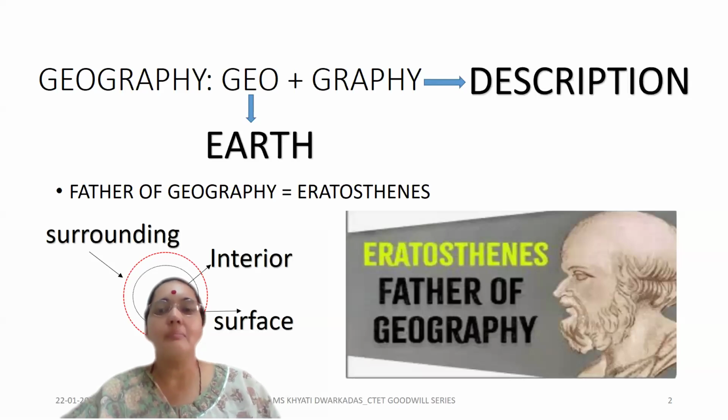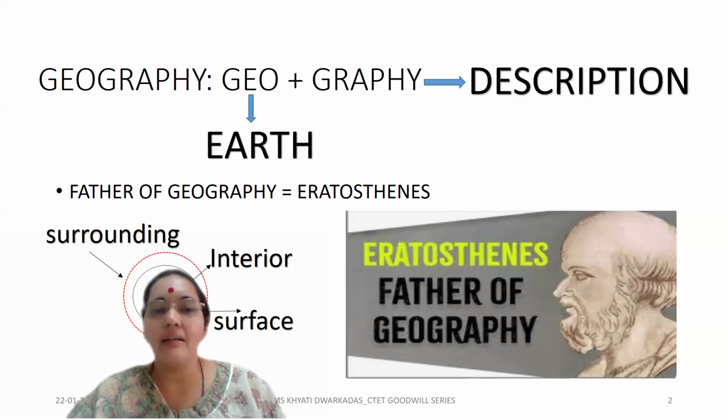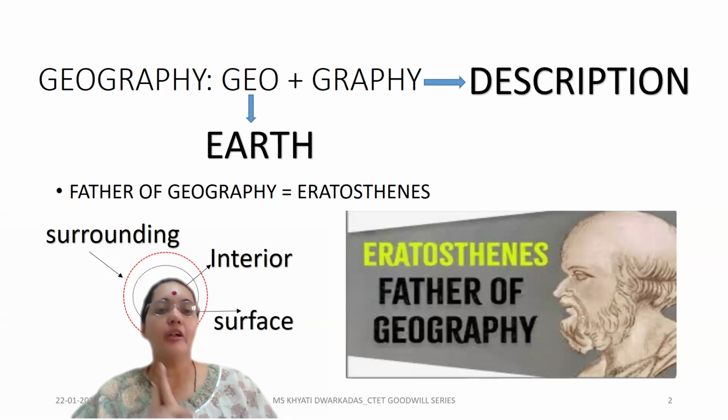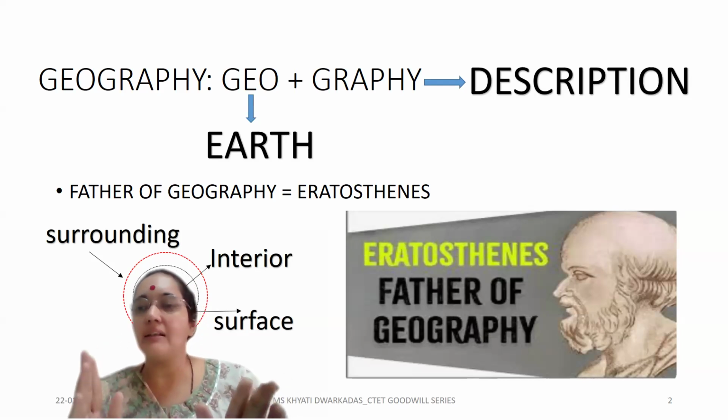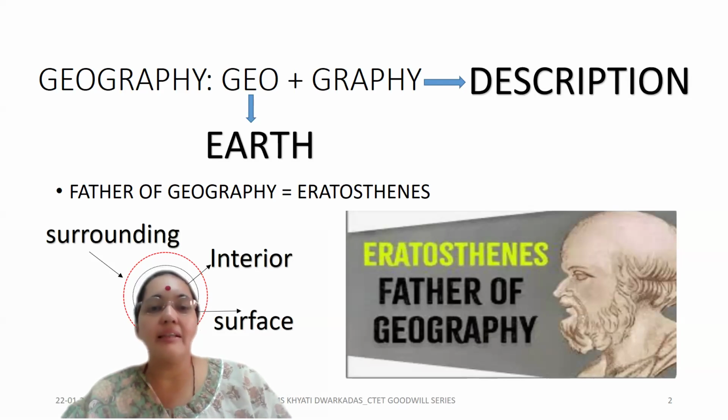So while we talk about geography, we need to understand that the term geography has been derived from two basic words, geo plus graphy. Geo stands for the earth and graphy for description. So geography stands for a description of the earth.